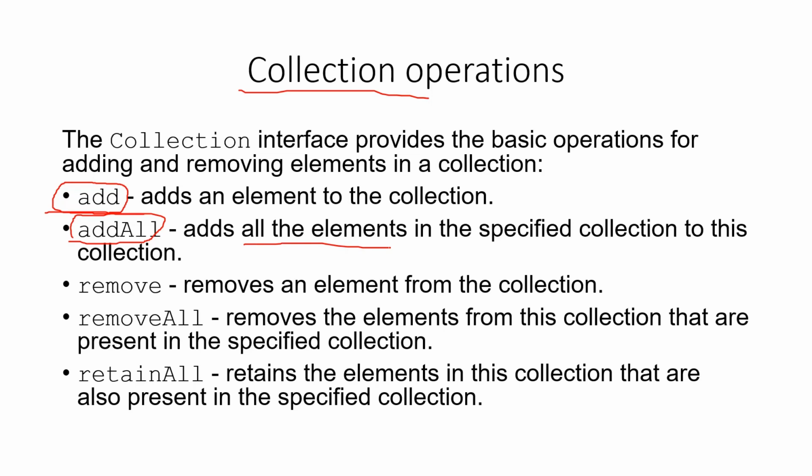You don't need to add one element after another. You can just specify all elements and then add them to your collection. Remove removes elements from the collection. Clear removes all the elements from the collection, and retain all allows you to keep the ordering of the elements.